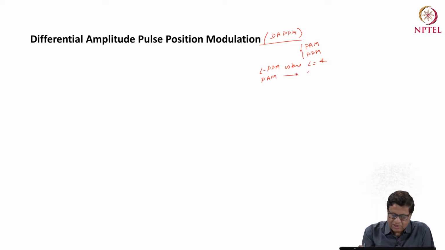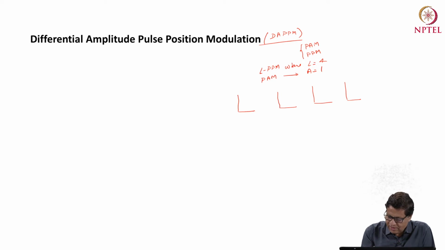That is, I use A is equal to 1. So I use only one amplitude. We will see when the amplitude is more than 1. So there will be 4 types of waveform for L is equal to 4 and A is equal to 1.